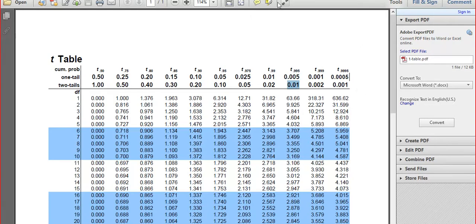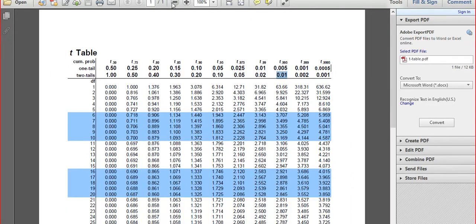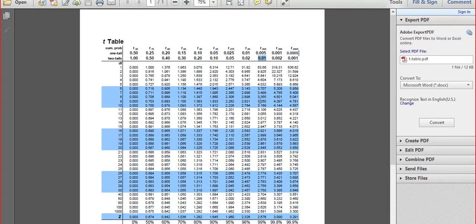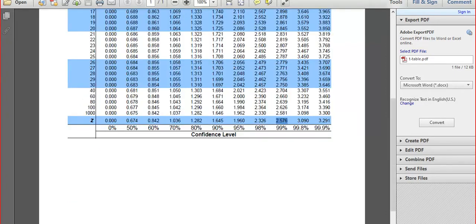In this column, if we go downward, the corresponding value is here. So once again we selected two-tailed test, level of significance 0.01 because it is 1%. So our value comes out to be this number. Let me just increase the size.